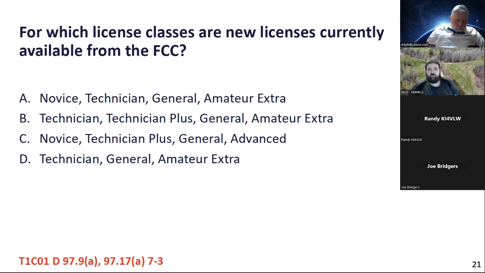But there are no new advanced class licenses around. You have to go straight from general to extra. So you will see people with the old license classes, but they're grandfathered in because they got that before they got rid of those license classes. But the key in this question is which ones are currently available, and that's D: the technician, general, and amateur extra. The big three.